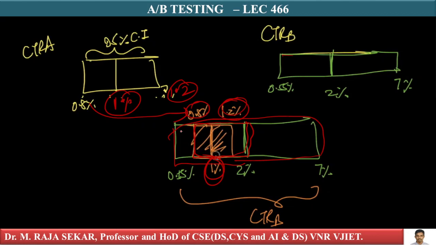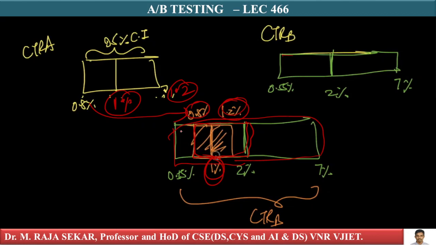Then you can't be sure, as there is certainly a possibility that CTR of A is better than CTR of B. So the best thing to do is to compute the confidence interval of CTR of A and of CTR of B.